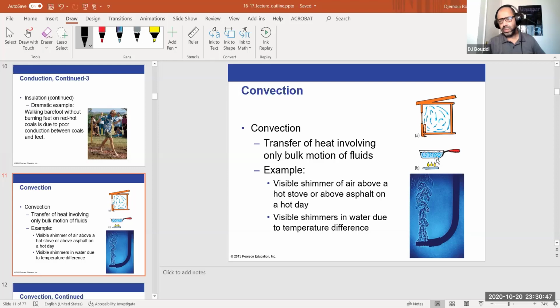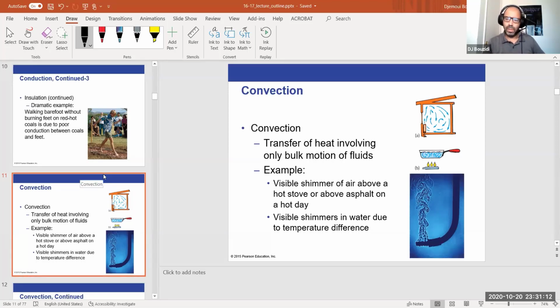The bottom one, since it's less dense, will automatically rise, and the one that is denser will fall. In doing so, when it rises, it takes heat with it, and it cools down. It becomes denser again, falls back, and so on and so forth. So that's a way to distribute heat around in the fluid. That is convection.